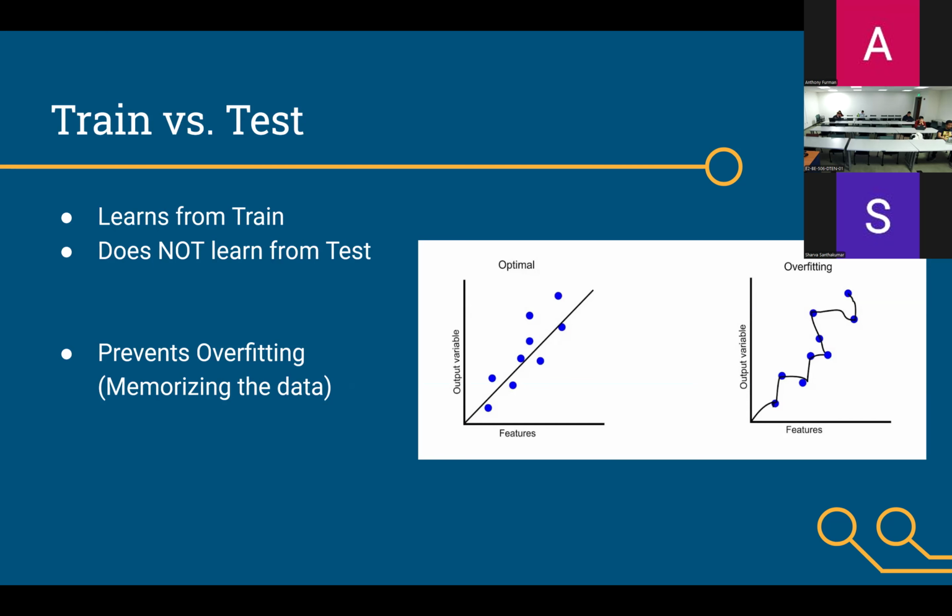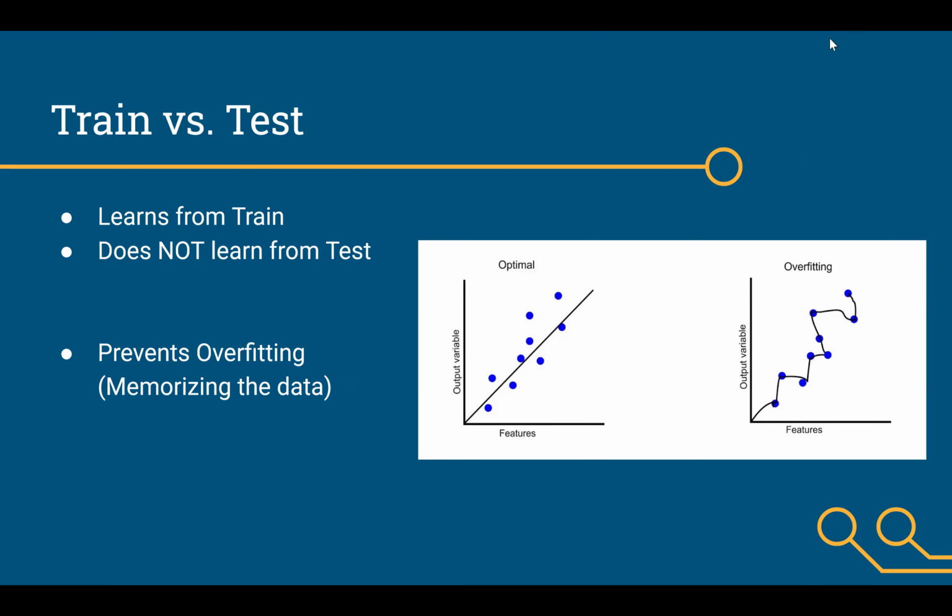Because sometimes what it does is it will memorize basically the training data, and that's called overfitting. So you can see an example here, overfitting on the right, where it kind of just goes perfectly for every single point. But if there's a new point added where the actual line is, then it might not actually classify it correctly.